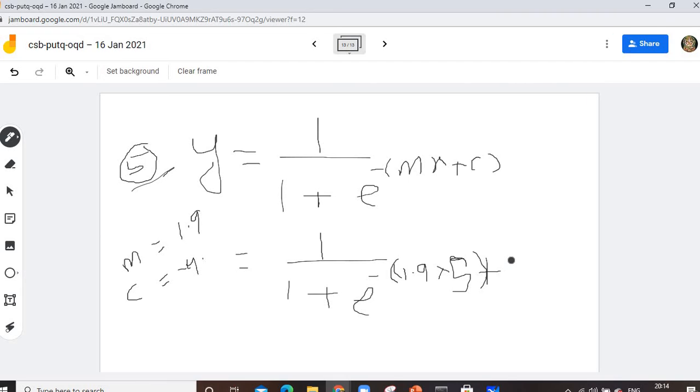Okay, so in this way you can calculate and you get the percentage. For example, I get the figure 0.97.